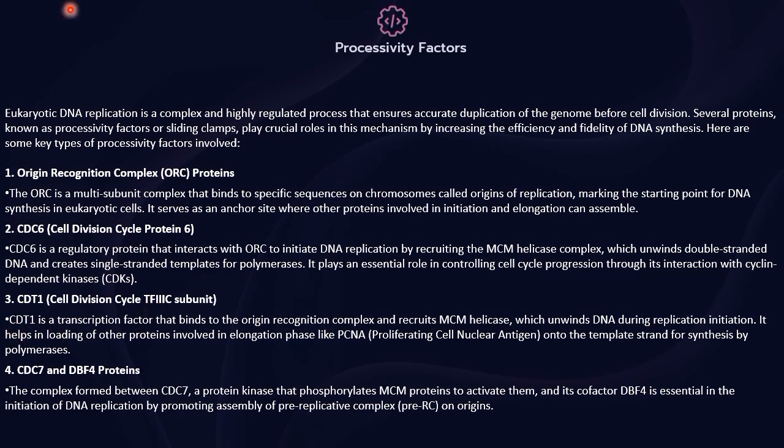What it does is it helps in loading of other proteins involved in the elongation phase like PCNA onto the template strand for synthesis by the polymerase. That is, the CDT1 protein loads the PCNA onto the DNA strand or parent strand from which the newly synthesized DNA will form.